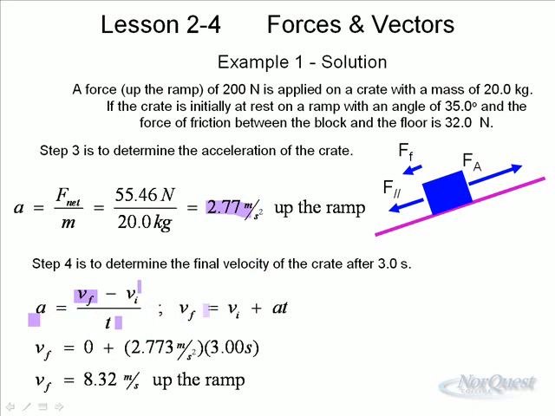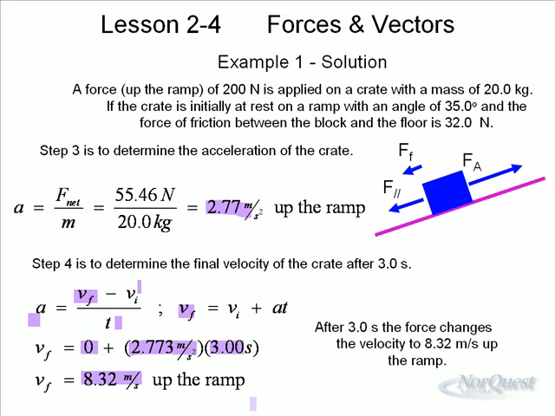So we manipulate our formula for VF, and it's VI plus AT. Initial velocity was rest, or 0. Our acceleration times our time gives us our final speed, or velocity, up the ramp, 8.32 meters per second. So after 3.0 seconds, the force changes the velocity from 0 to 8.32 meters per second up the ramp.